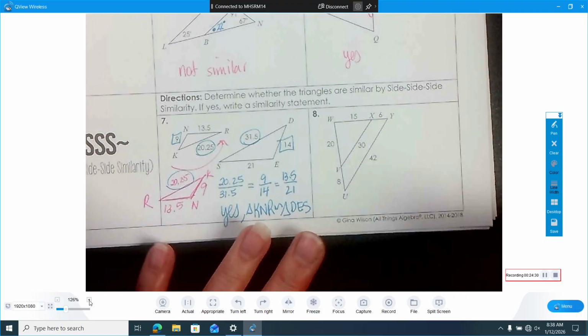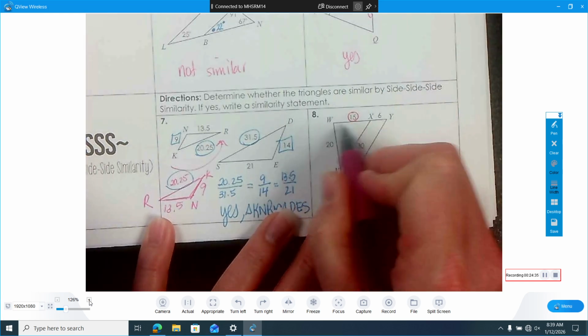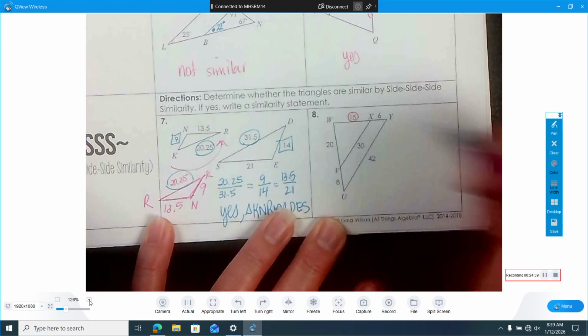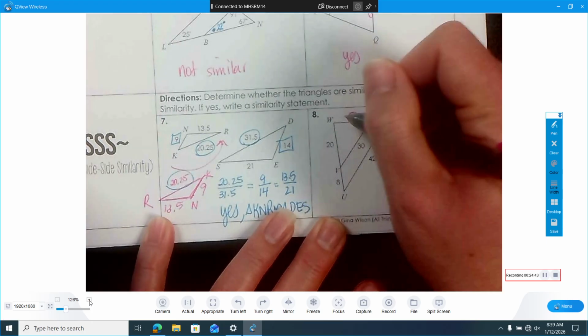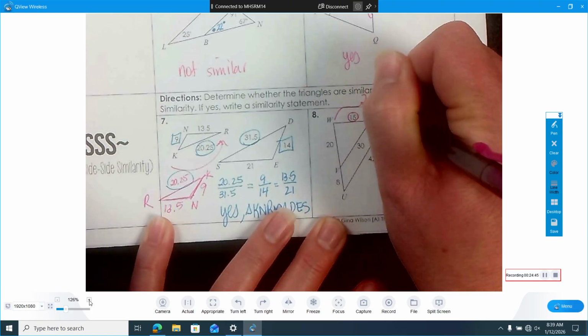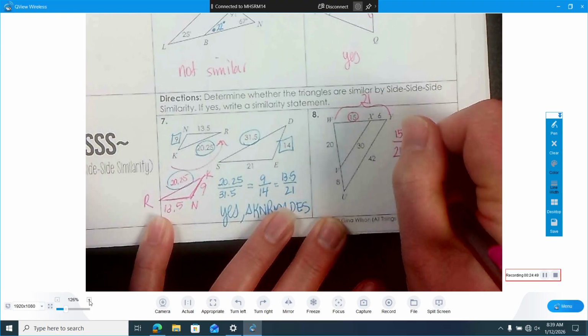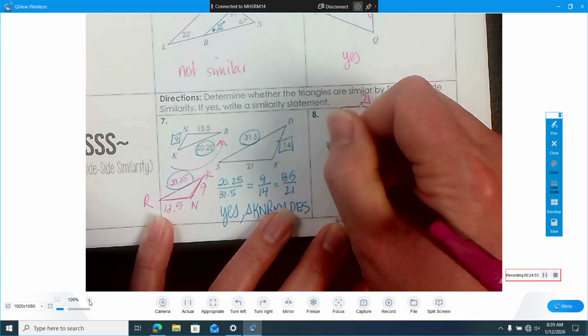Okay, good. So again, I'm going to compare. If I look at this side WX, which is the small side here on the small triangle, 15 compares to what? Yes, 21 is the whole side length, 15 plus the 6. So 21. And then I'm going to compare that to 20.